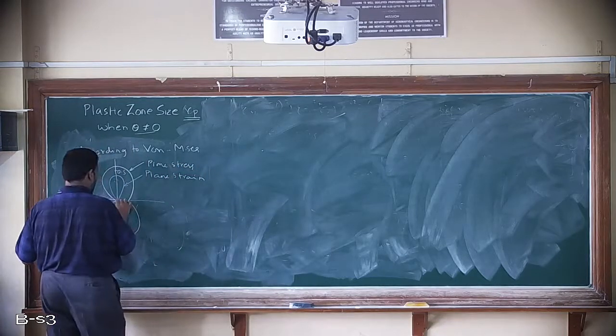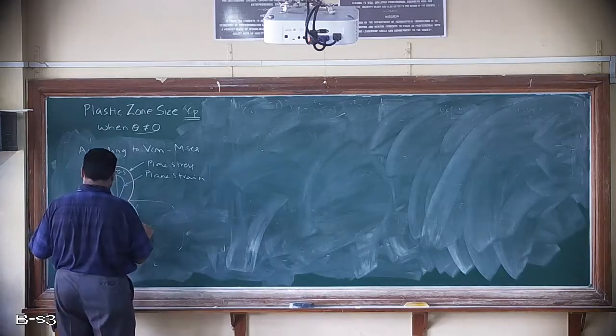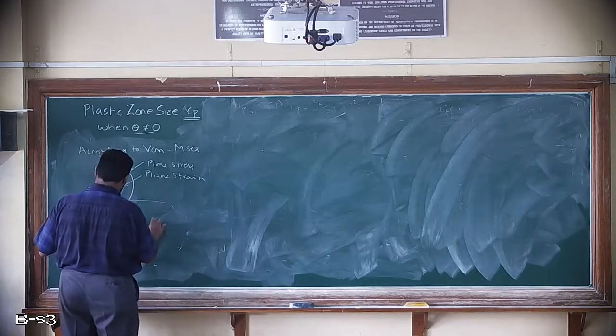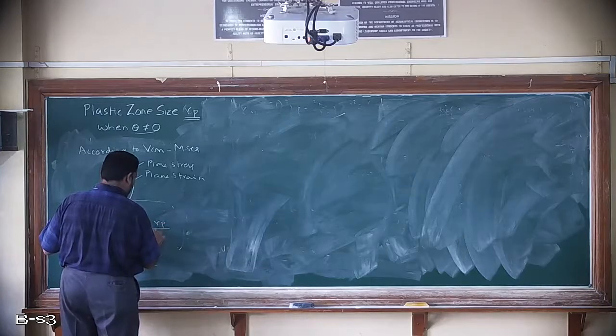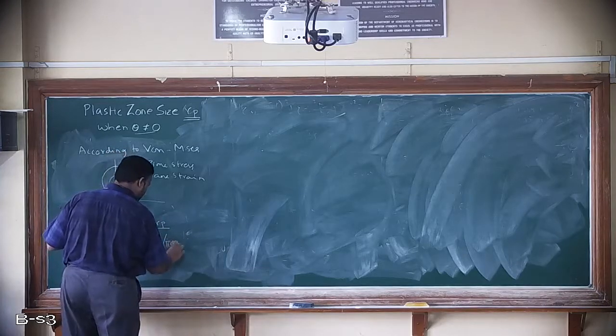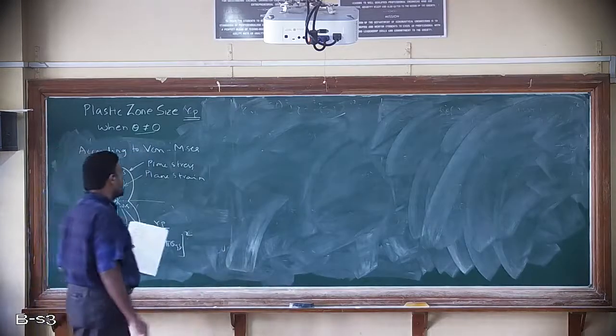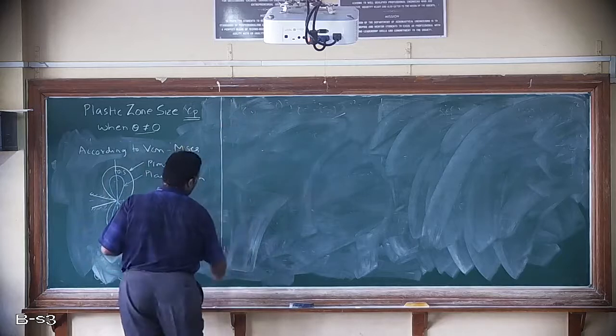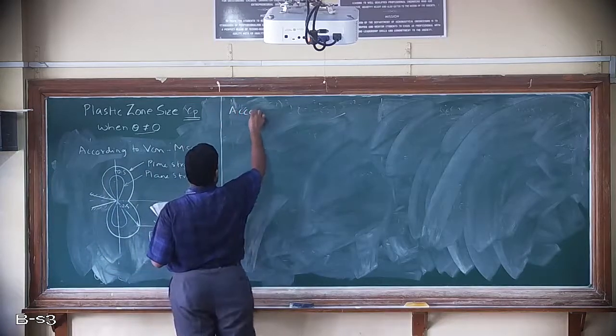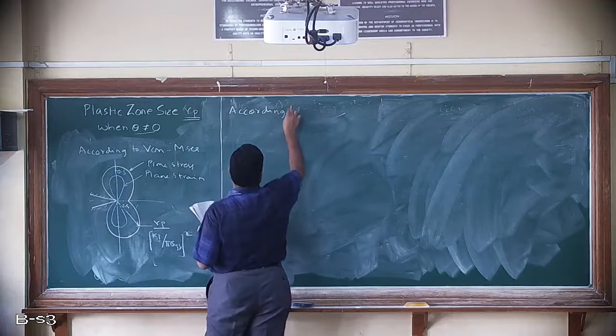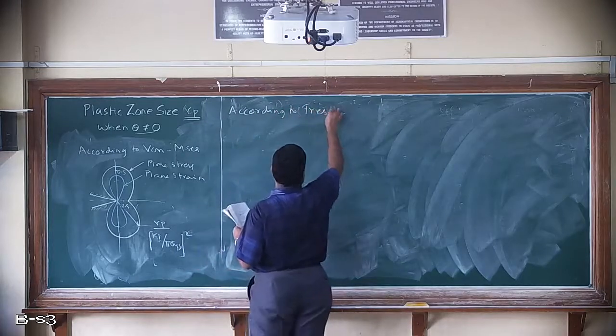And this size will be Rp upon Ki by pi sigma ys the whole square. So this is according to von Mises. Then we have according to Tresca.